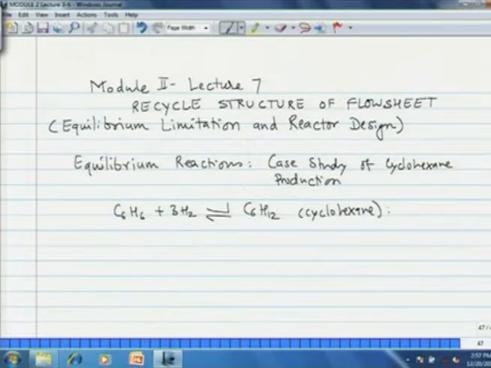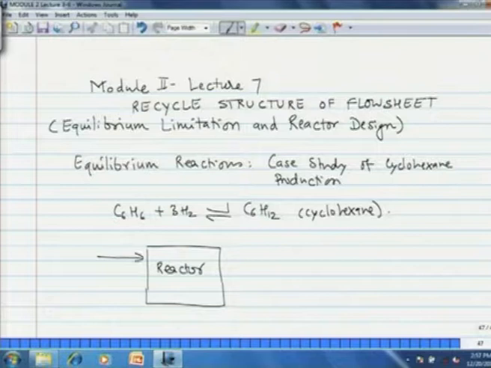A typical flow sheet for this particular process is that there is a reactor, to which benzene and hydrogen are fed. Hydrogen often contains impurities such as nitrogen or methane.